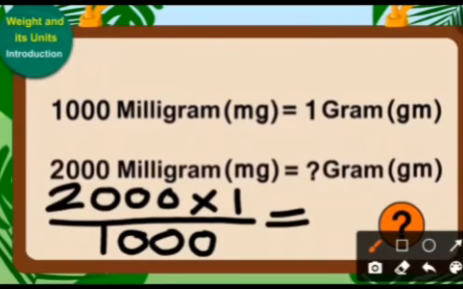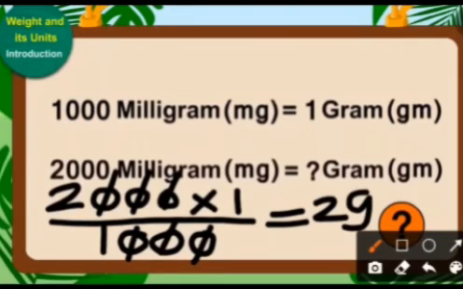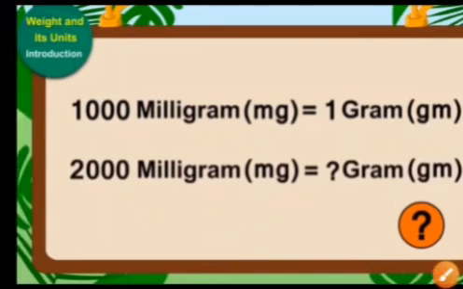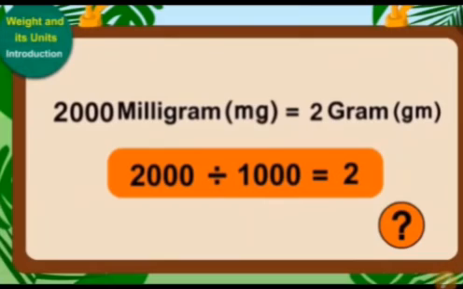Let us solve this equation. 0 0 0 cut. So answer is 2 gram. 2000 milligram is equal to 2 gram.